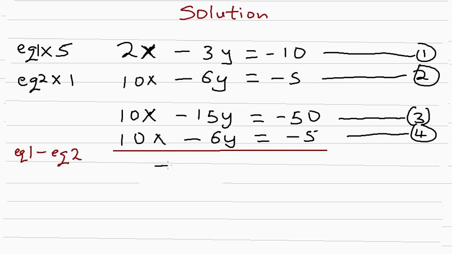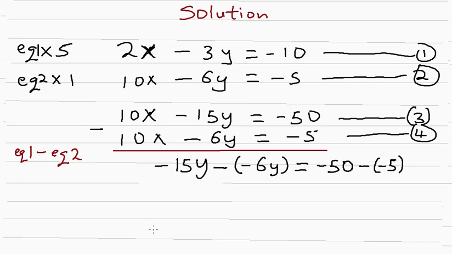So I'm left with minus 15y. Remember, I subtracted, so that should be minus, then minus into minus 6y. Don't forget that this 6y has a minus, so that will be minus into minus 6y. The same thing happens on the other side of the equation: I have minus 50, then minus into minus 5.